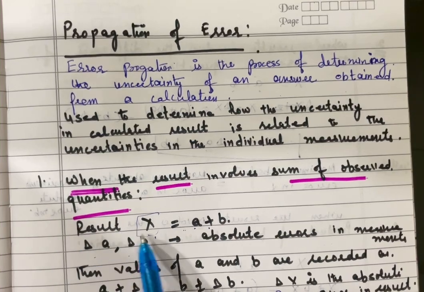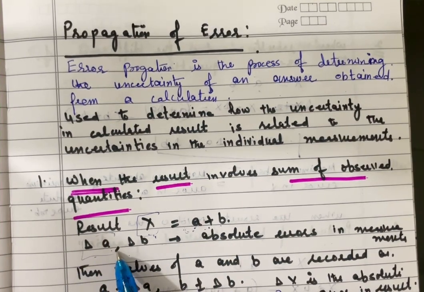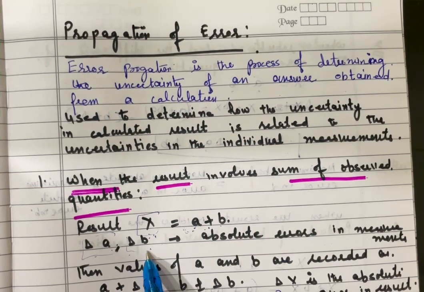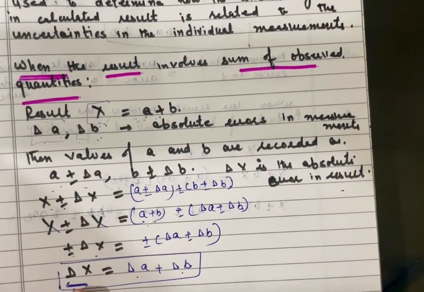Suppose the result is x and the individual measurements are A and B, and we are taking a sum, A plus B. And delta A is the absolute error in A, and delta B is the absolute error in B. Then x plus delta x, what will it be?